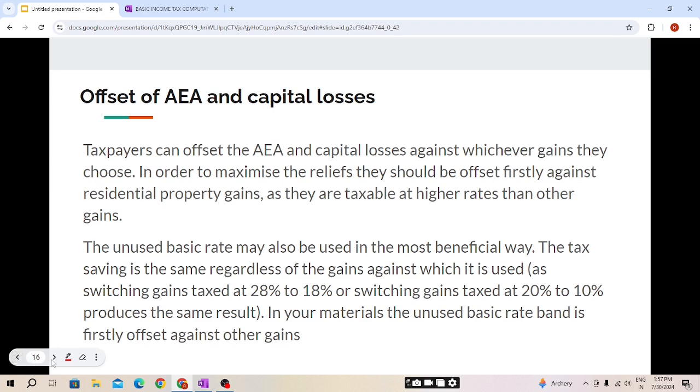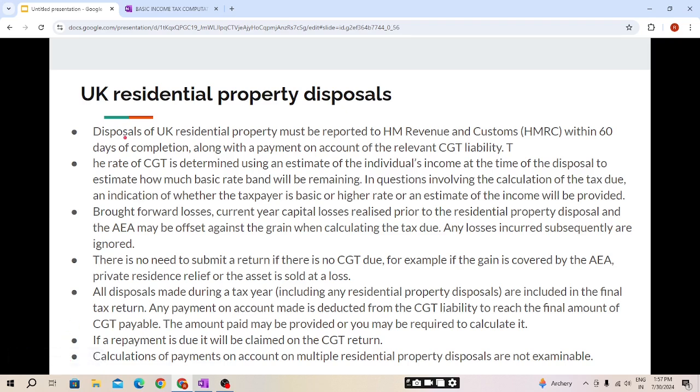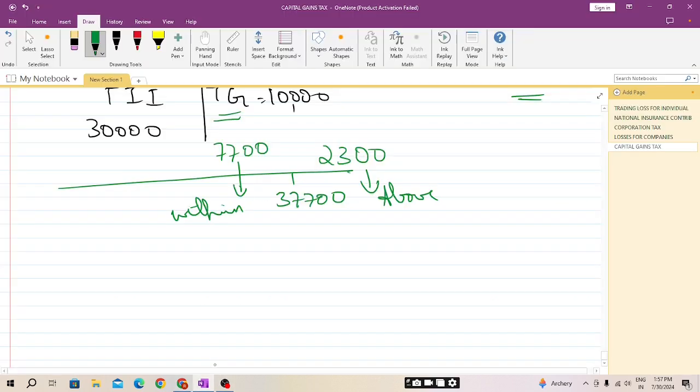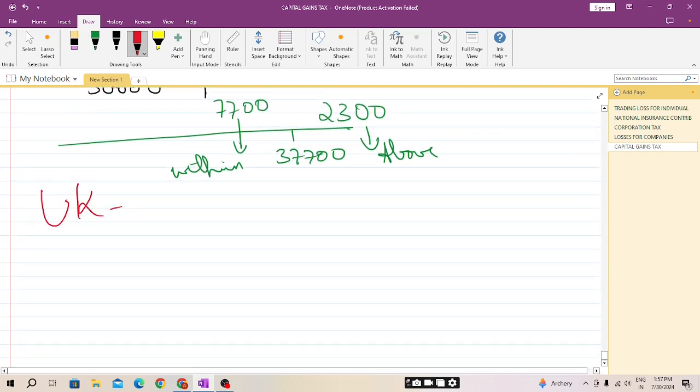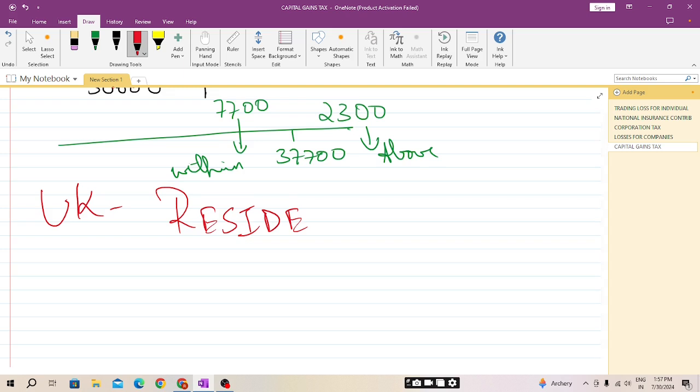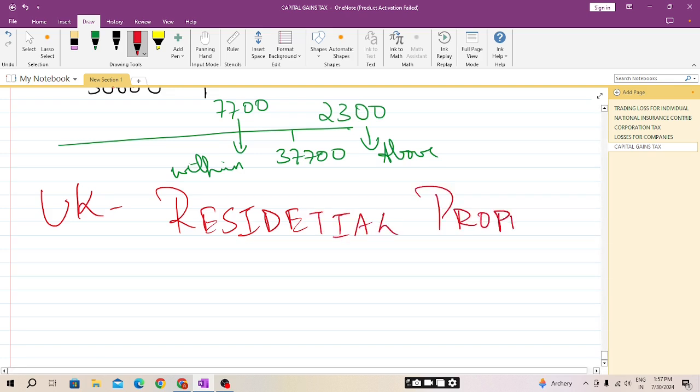Now we will be seeing the UK residential property disposal.